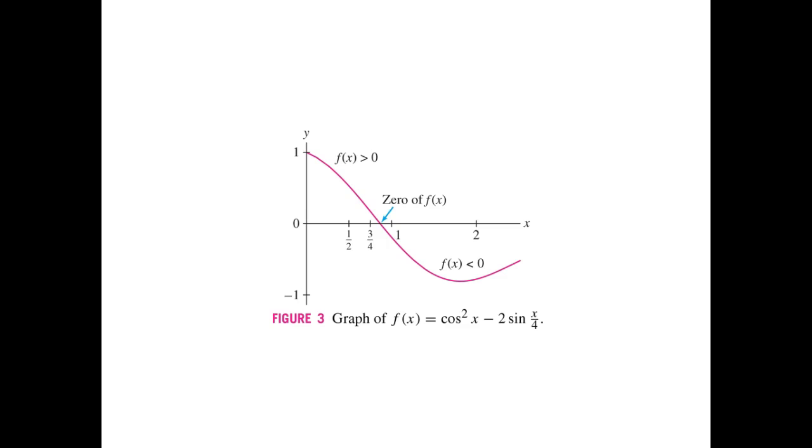Somewhere over here, f of x goes negative. Now, where would that occur? Well, you notice cosine stays positive. Well, cosine alternates positive and negative, but cosine squared is always going to be positive.